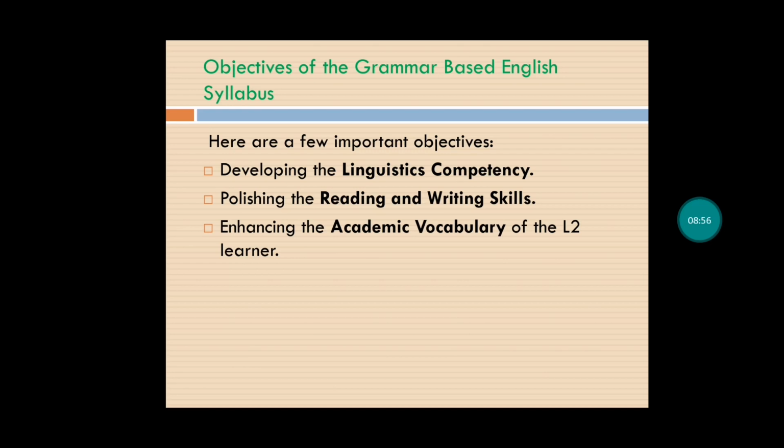And the third one is enhancing the academic vocabulary of the L2 learners. I have highlighted academic vocabulary, not functional vocabulary. Academic vocabulary can be defined as the choice and use of words in a particular academic setting, maybe in subjects or disciplines. This is not the practical day-to-day vocabulary.